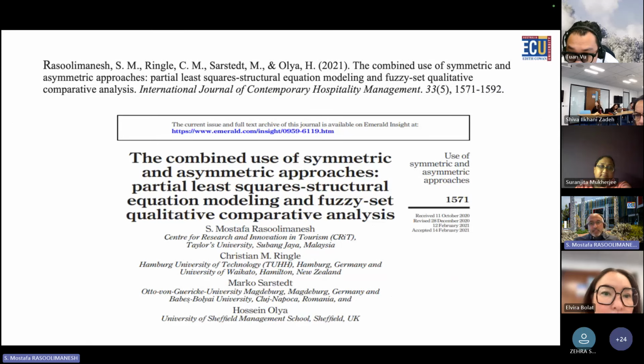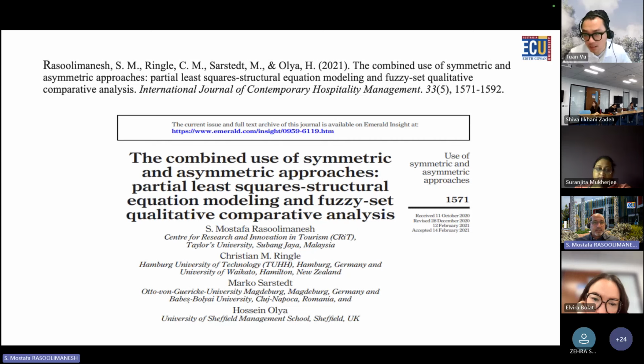This is the paper that I mentioned that we published in 2021. In this paper, we discuss how a symmetrical approach like PLS-SEM can be combined with FSQCA, and we provided a guideline.